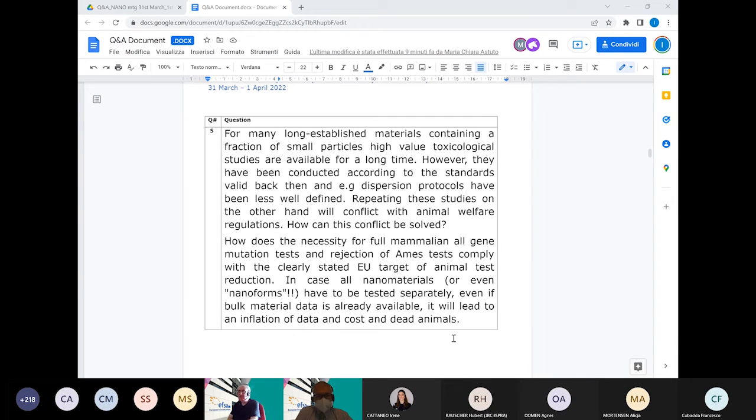In terms of the second point down here about the tests, the rejection of the Ames test. Ames is an in vitro test. We're not suggesting replacing it with an in vivo test. We're suggesting that it's not relevant. It will tell you nothing of use on a nanomaterial. So you should use a second in vitro test to demonstrate that point.